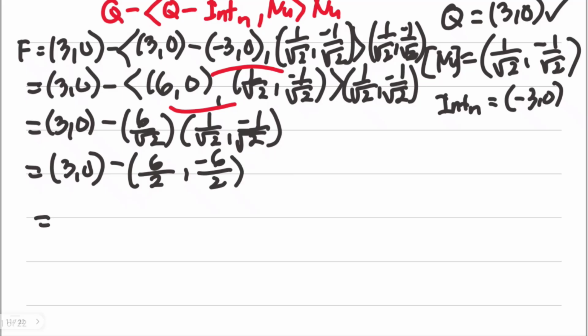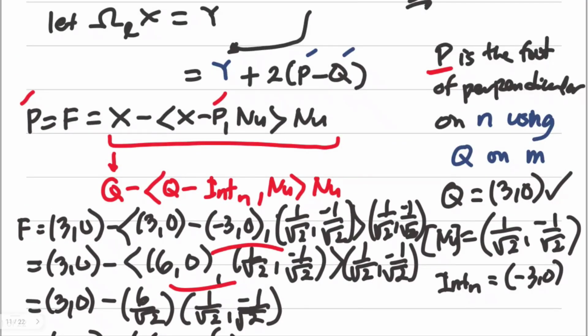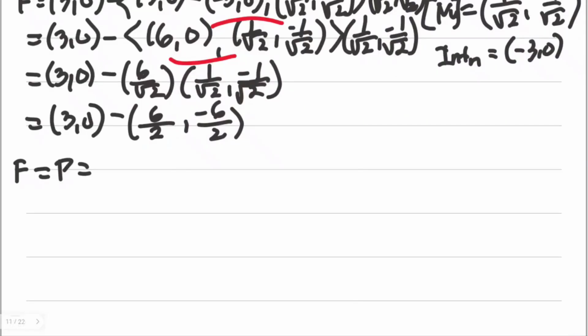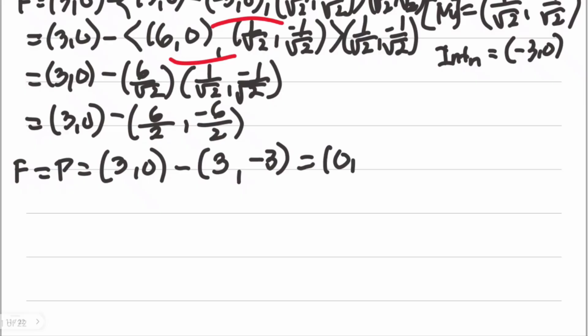This means that your foot, which stands for our P, needed for this entire formula, the translation, is identified as 3, 0, minus 3 and negative 3. So our foot of perpendicular is actually at 0 and positive 3 now, because of the double negative property.